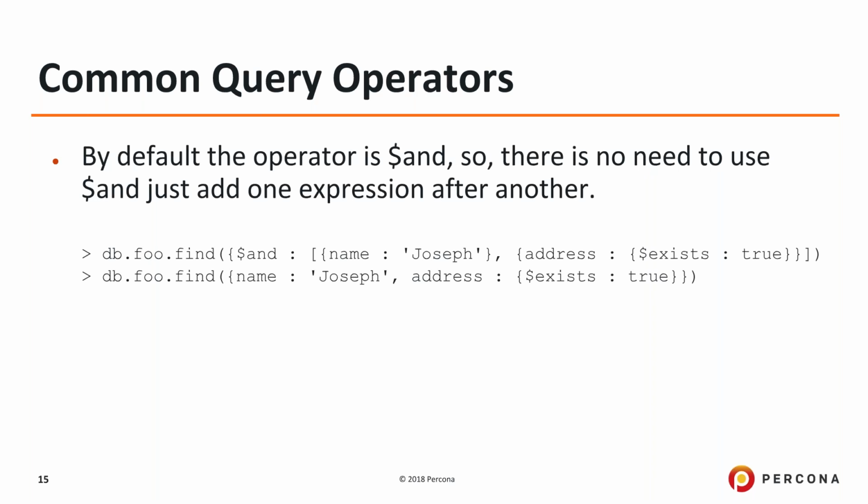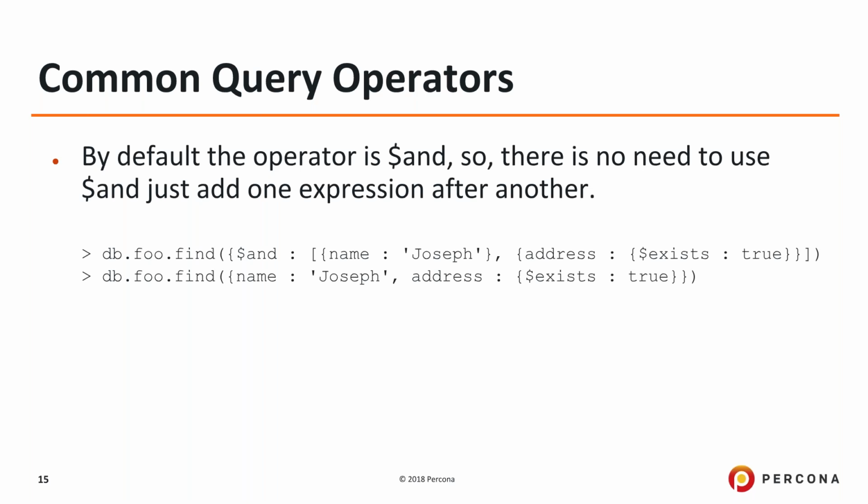By default, if you add a comma-separated list of conditions to your find document, that basically makes it an AND operation. So everything you add is basically just an AND. There are two ways of writing AND queries in Mongo.